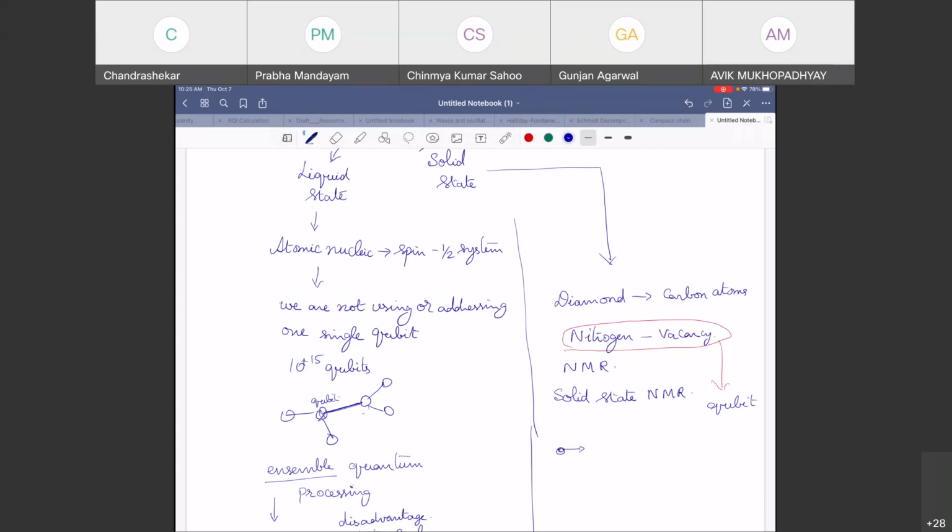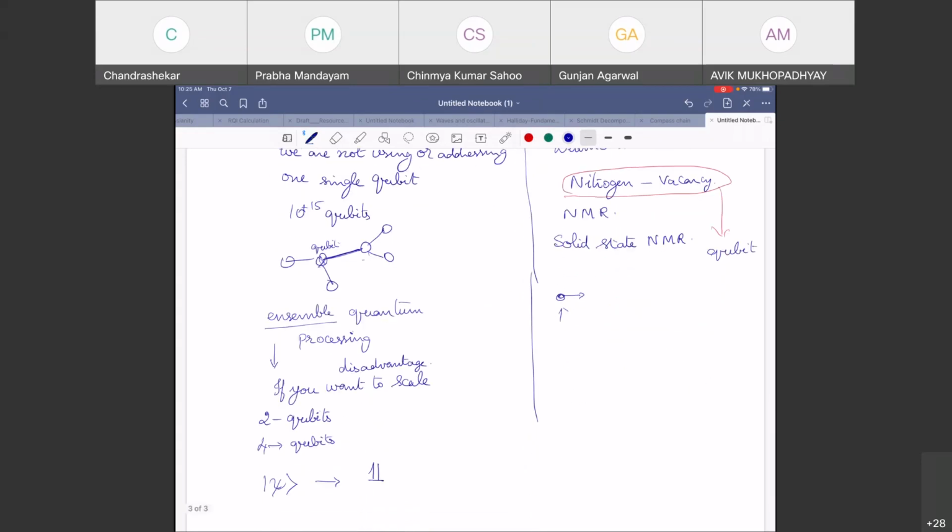Let's say this is one qubit, you are addressing it individually. So you are not using ensemble quantum information or ensemble quantum processing.